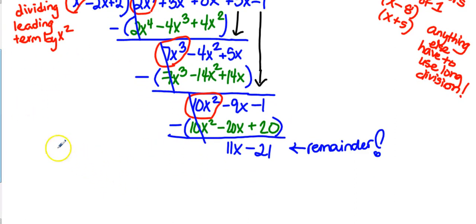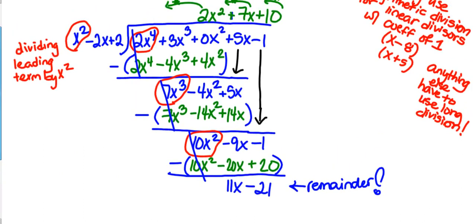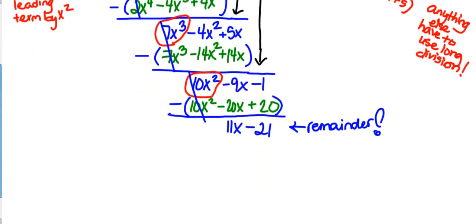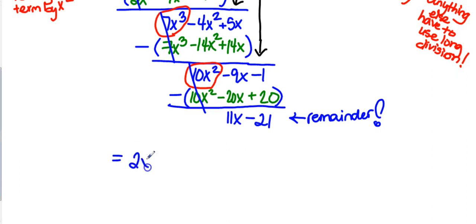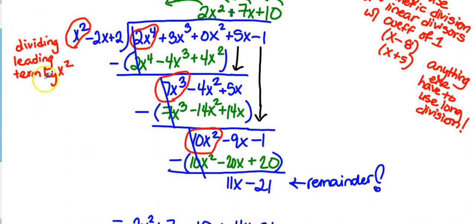So our answer is, what's at the top? 2x squared plus 7x plus 10, plus the remainder, 11x minus 21, and what were we dividing by? We were dividing by x squared minus 2x plus 2.